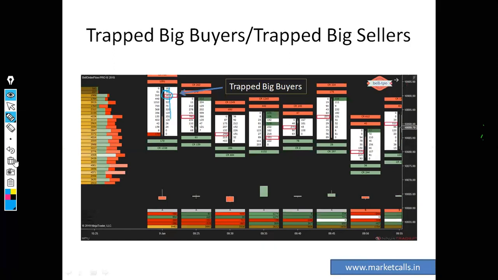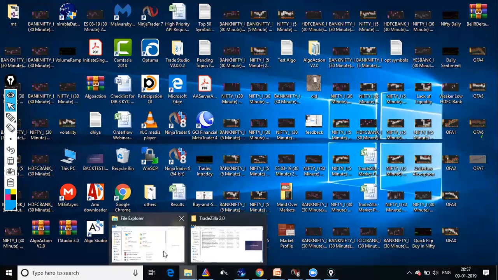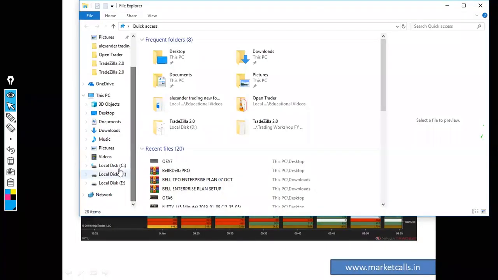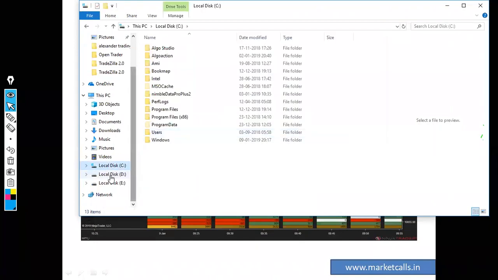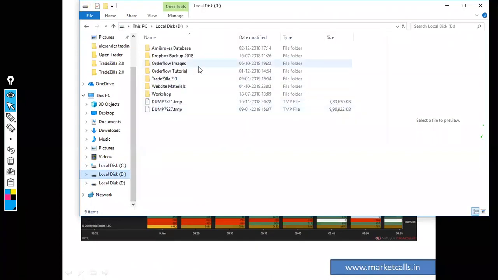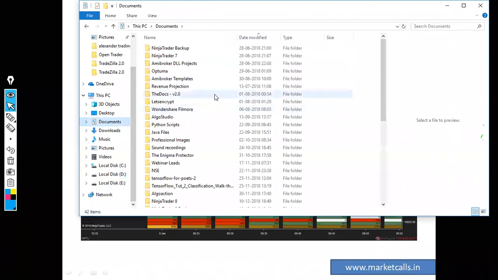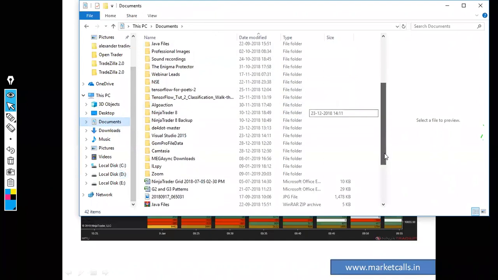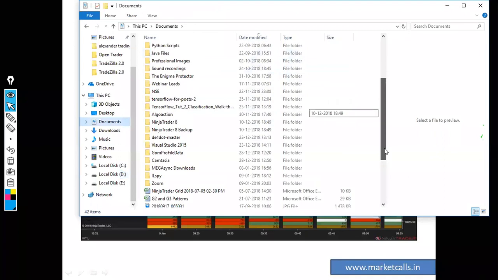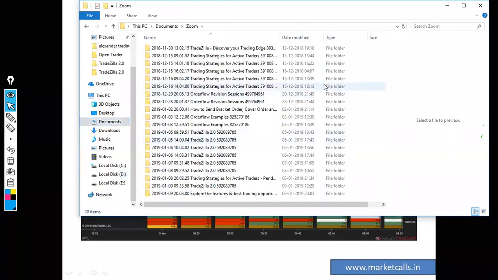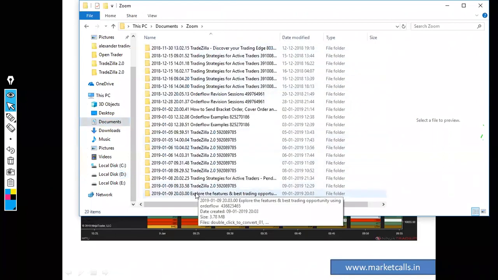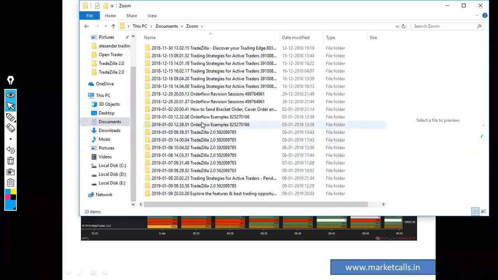So whenever you're seeing that, maybe before talking about today's activity, I'll show you a live video I captured of one day's big buyer, big seller activity. I kept it under documents, under Zoom, in order flow examples, probably here.